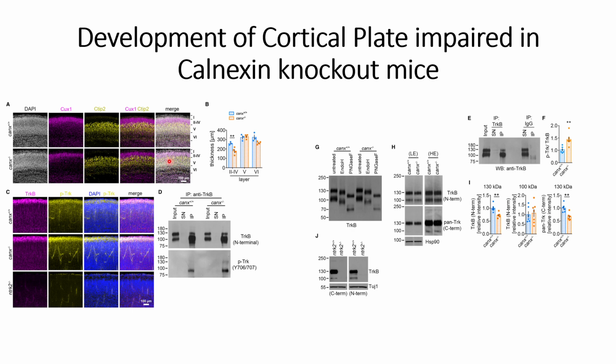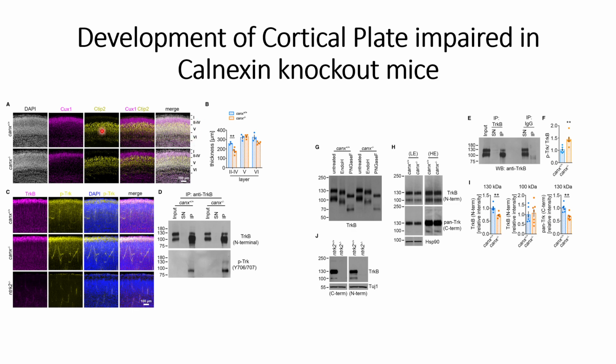When they did the quantification analysis, they found that the signals for layers 2 to 4 are significantly lower in mice where calnexin has been knocked out, compared to the case where calnexin has not been knocked out. However, for layer 5 and layer 6, the difference is not statistically significant. So they focused on layers 2 to 4.